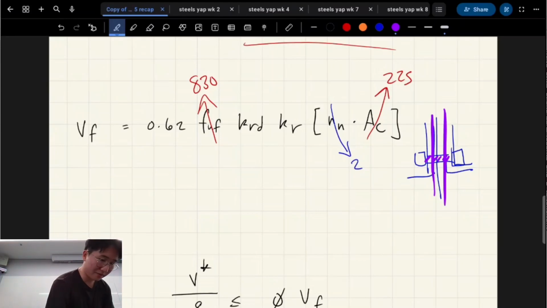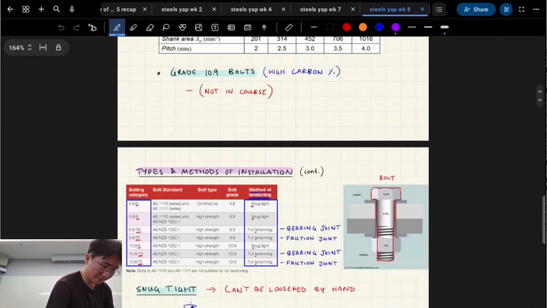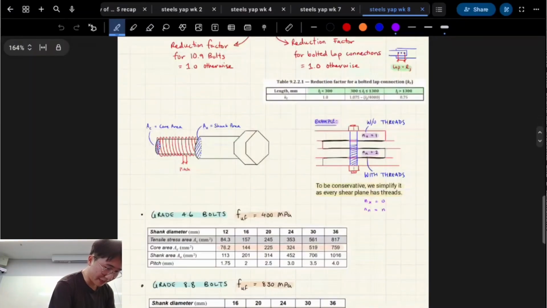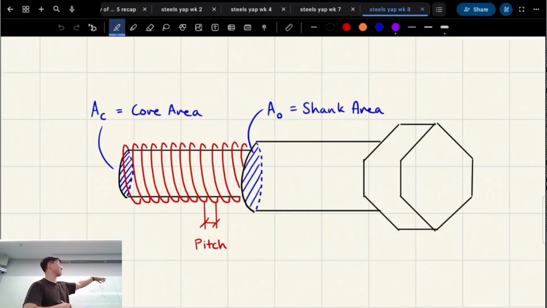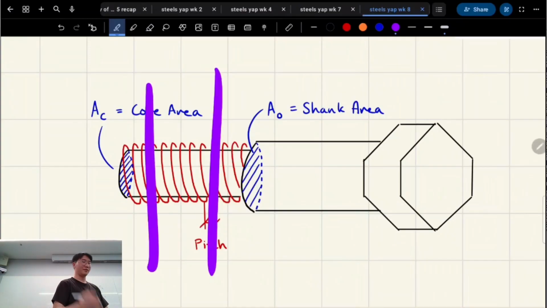So if you think about a bolt, they're going to have different areas, right? The core area and the shank area, depending on where the threads are. The threads are like the spinny parts, right? It's going to have less area where there's spinny parts. But the question says, imagine the shear planes can intercept the threads, right? So we have a shear plane here, we have a shear plane here, for example, based on this drawing.